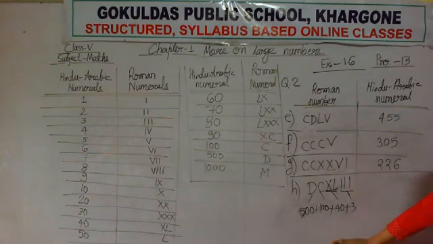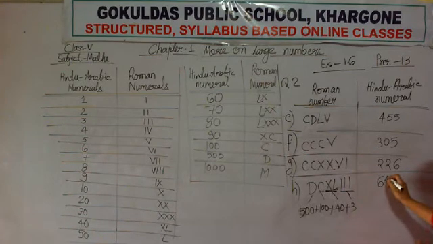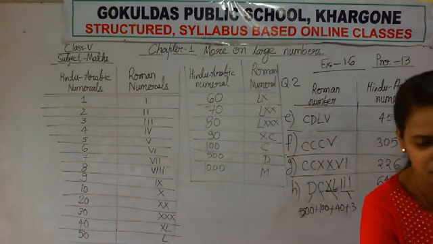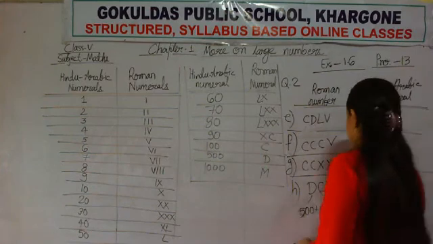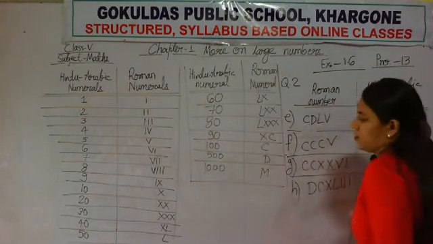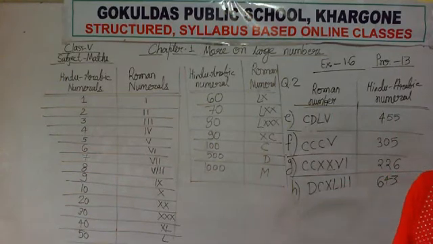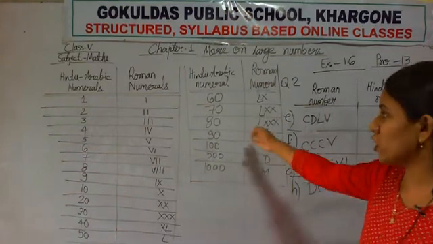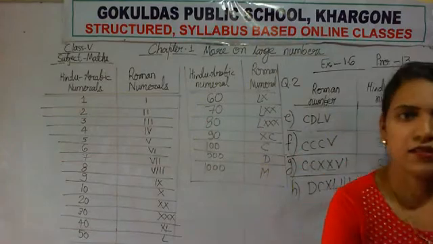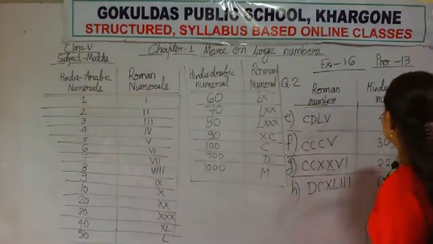Now add all these. 500 plus 100, 600, plus 40, 640, plus 3, 643. This question is over. I request you all to learn all these Roman symbols.